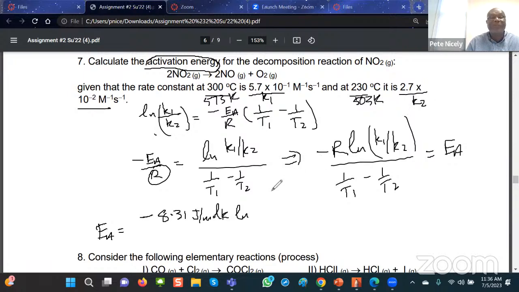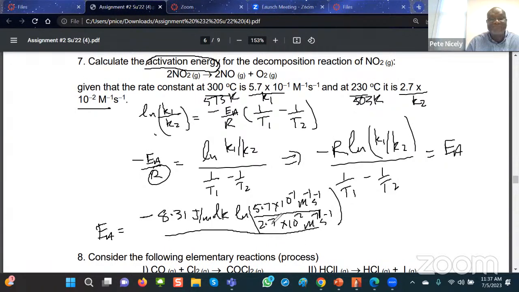K1 would be 5.7 times 10 to the minus 1, divided by 2.7 times 10 to the minus 2, and we put that in parentheses, and then we divide all of that by 1 over T1. T1 would be equal to the 573 Kelvin that we calculated earlier, minus 1 over T2, which would be 2.7 times 10 to the minus, no, I'm sorry, big mistake.